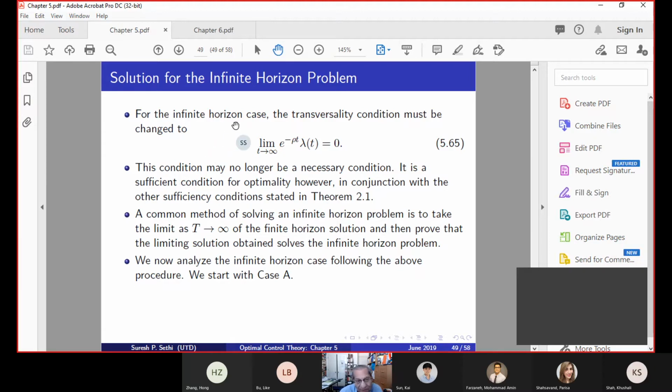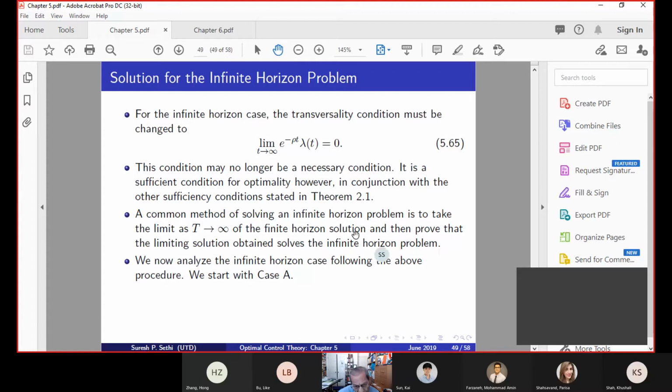Okay. For the infinite horizon case, the transversality condition must be changed to this. The condition may no longer be a necessary condition. We know that because it is a sufficient condition for optimality. So a common method of solving the infinite problem is to take the limit as t goes to infinity of the finite horizon solution. This is where I want to give you some ideas of what's going on, some issues that come up.